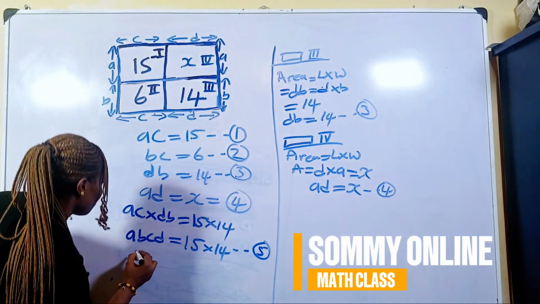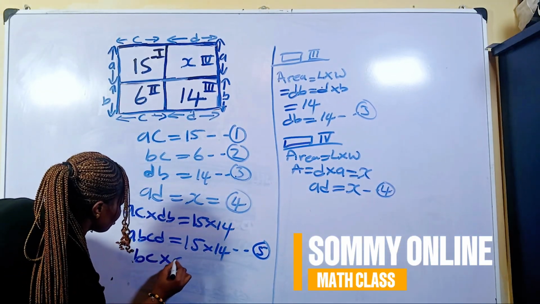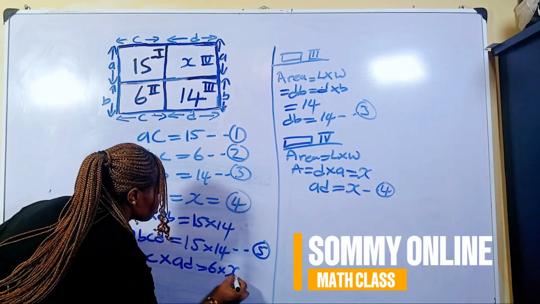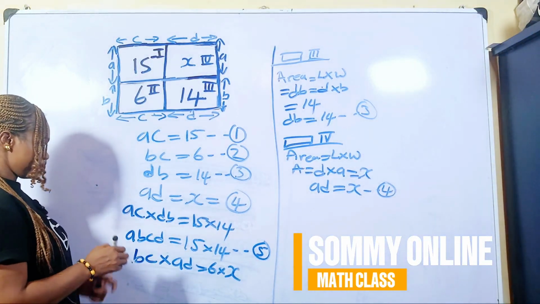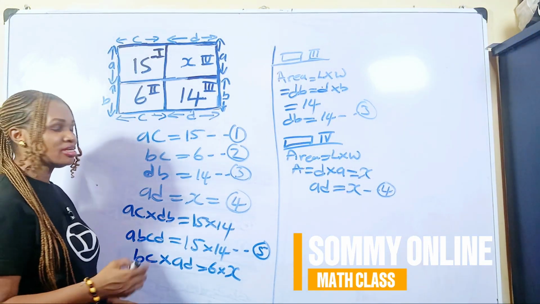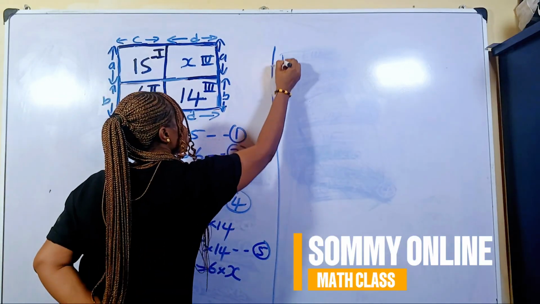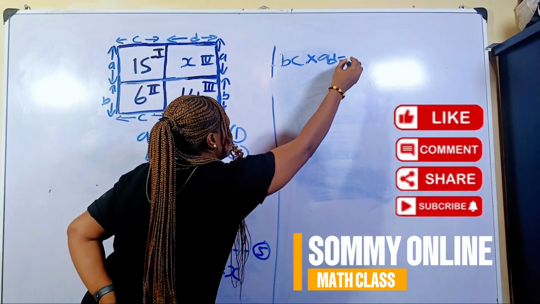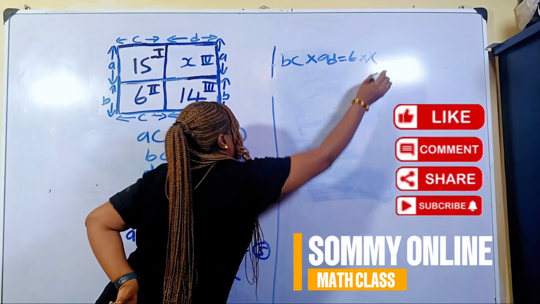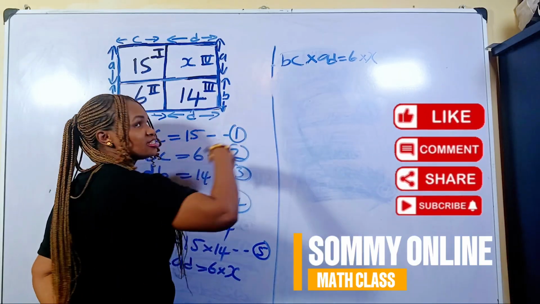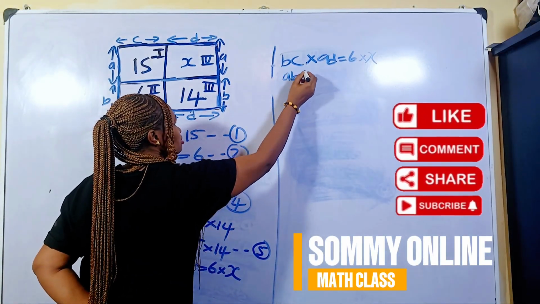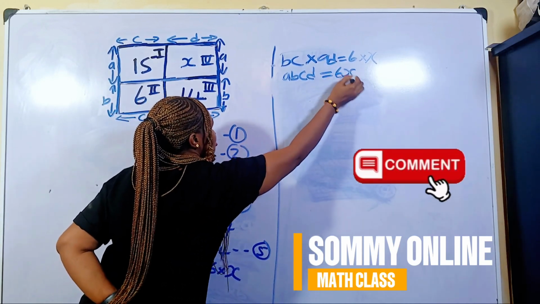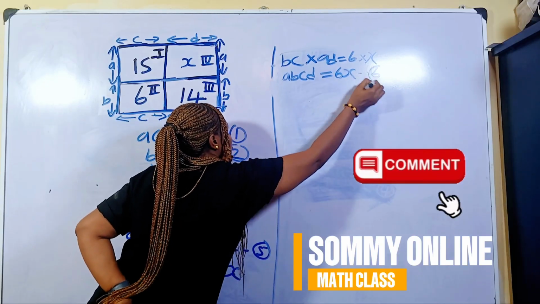When we do that, we have BC multiplied by AD, which equals 6 multiplied by S. And BC multiplied by AD is the same thing as A, B, C, D, which equals 6 multiplied by S, giving us 6S. Let's call this equation 6.